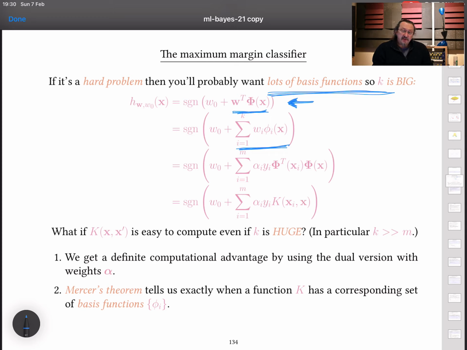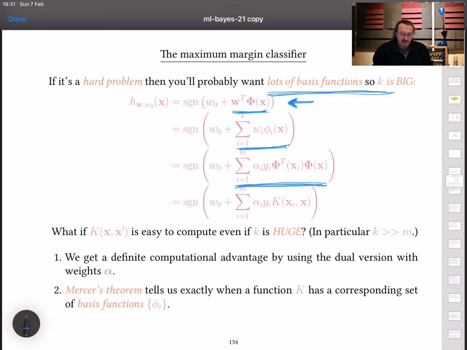But what then happens if we write this in the alternative format by essentially treating the Lagrange multipliers, the alpha i's, as an alternative bunch of weights? Well, what we have now is a sum over m things, where m is the number of training examples. So we've potentially made that sum a lot smaller, and in fact even smaller than we'd initially expect, because we've already noted that a lot of those alphas will be 0.